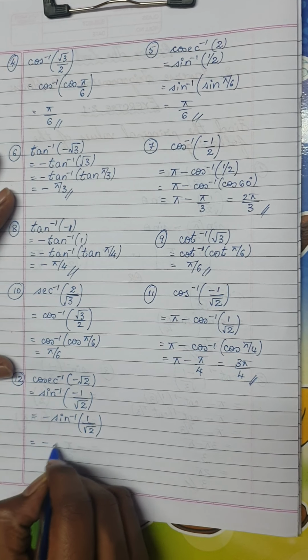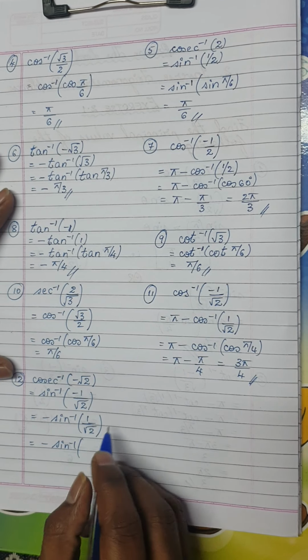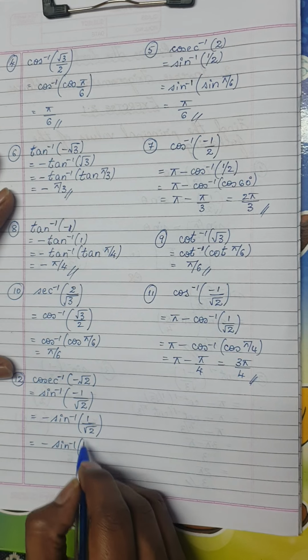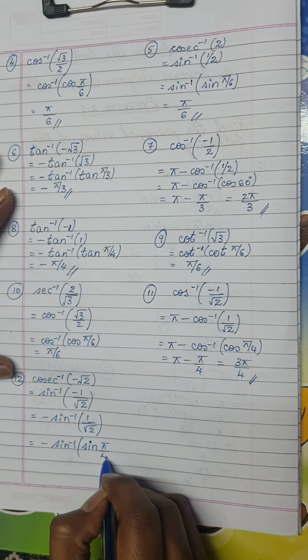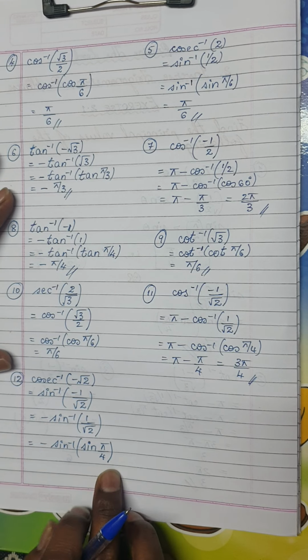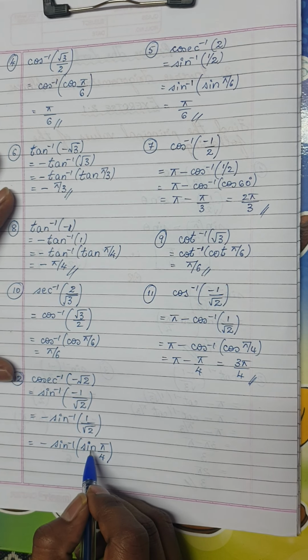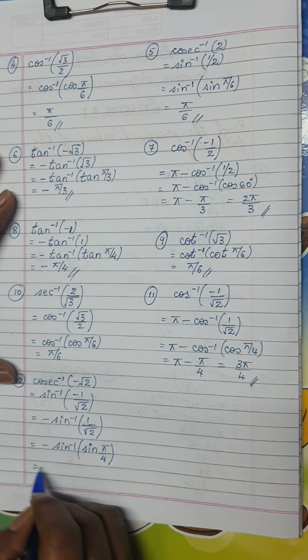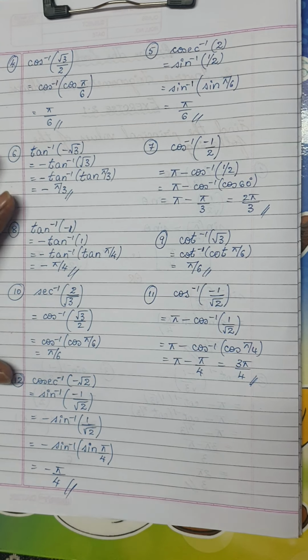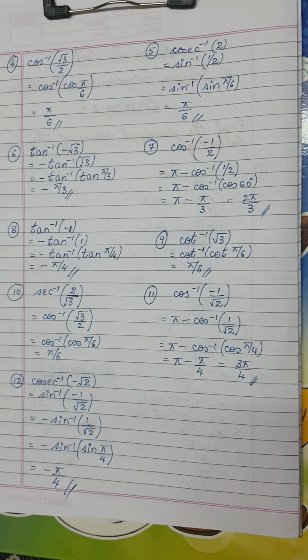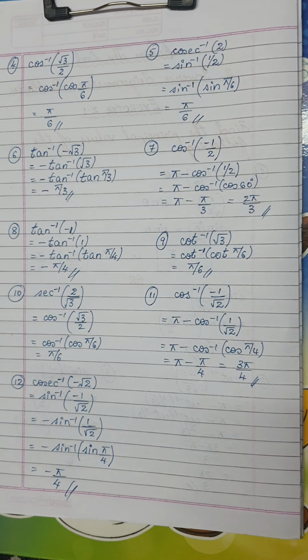Okay, so this is nothing but minus sine inverse of, as I told you in the previous one, sin 45 is 1 by root 2 and cos 45 is also 1 by root 2. So 45 degrees is pi by 4. Sine inverse of sine can be cancelled. Remember, this is in the range of sine inverse. So the leftover is minus pi by 4, which is the principal value of the given function.